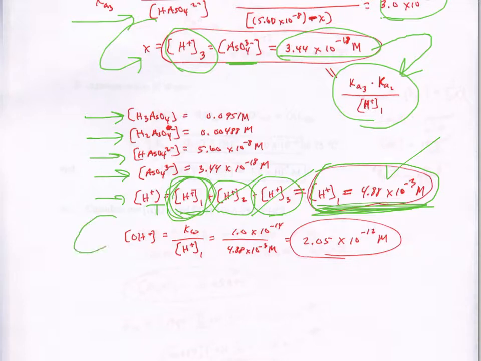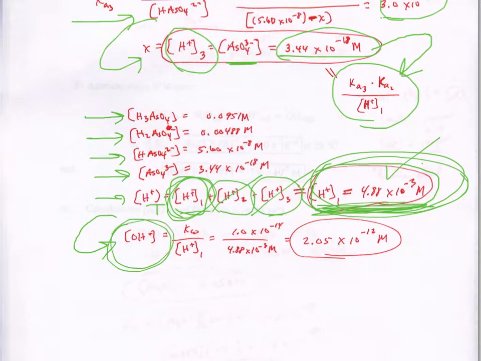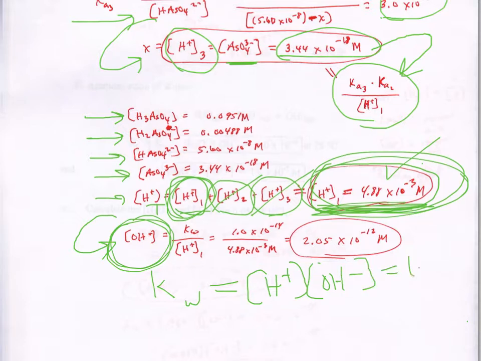And then I thought I would throw in one little caveat: just because this is the equilibrium problem for an acid, remember that when you know the hydrogen ion concentration, coming full circle here, one of the first calculations we did on page 1 is that you can then find the concentration of the hydroxide, because the hydrogen ion concentration times the hydroxide ion concentration is equal to Kw, which is 10 to the minus 14th.